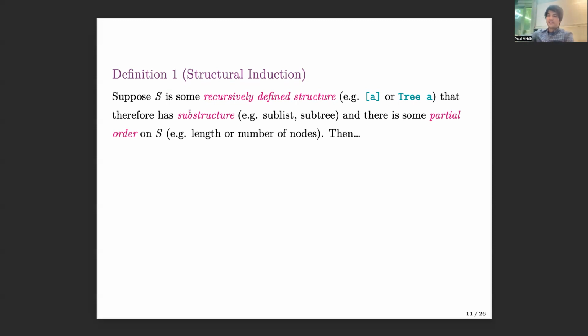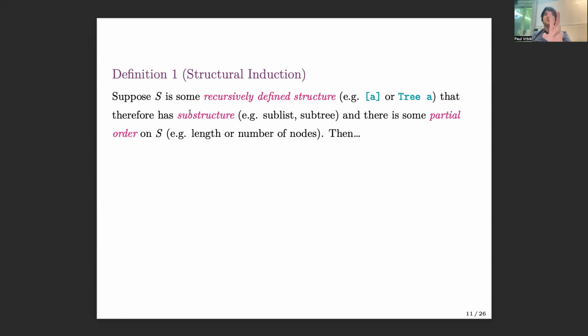Okay, so again, suppose you have some S. It's a recursively defined structure, as in some data type that we've defined in Haskell. This structure has substructure, and the structure can be partially ordered somehow. Partial order just means that given two things, you have to be able to tell if they're less than, greater than, or the same. But they don't have to be totally ordered. So list length is a partial ordering.